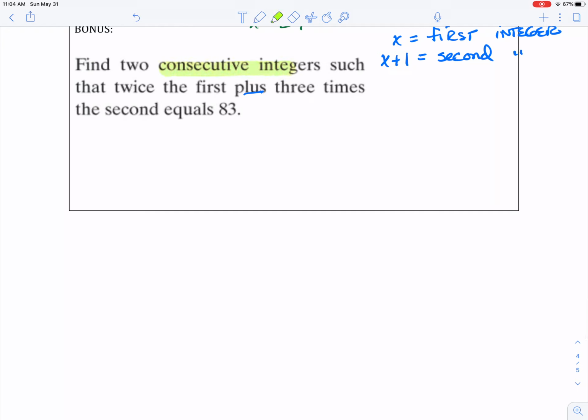So the first one is x and the second one is x plus 1, such that twice the first plus 3 times the second equals 83. So there's twice the first, 3 times the second.